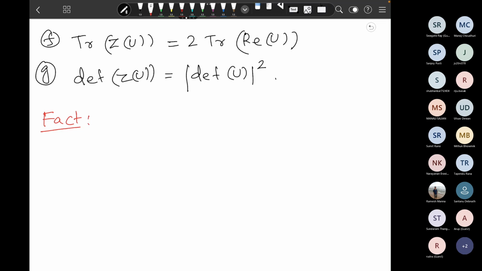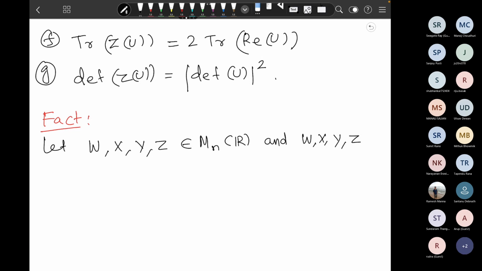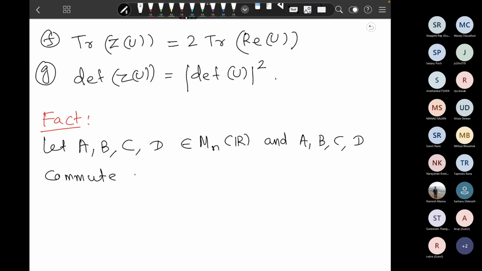Fact. Let A, B, C, D belong to MnR, and suppose A, C, D commute with each other.